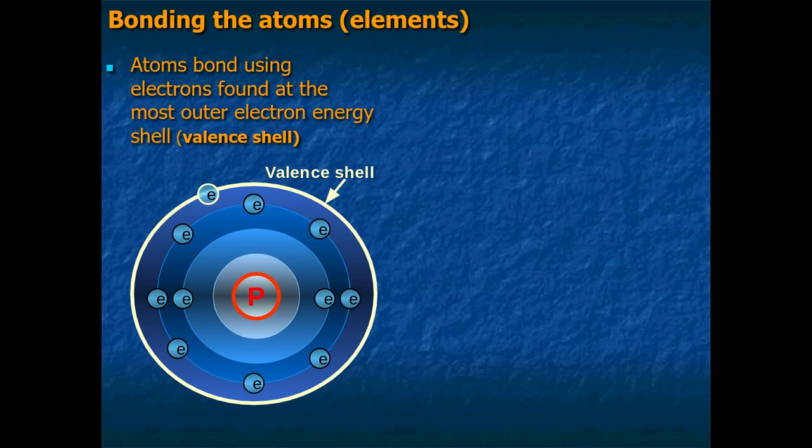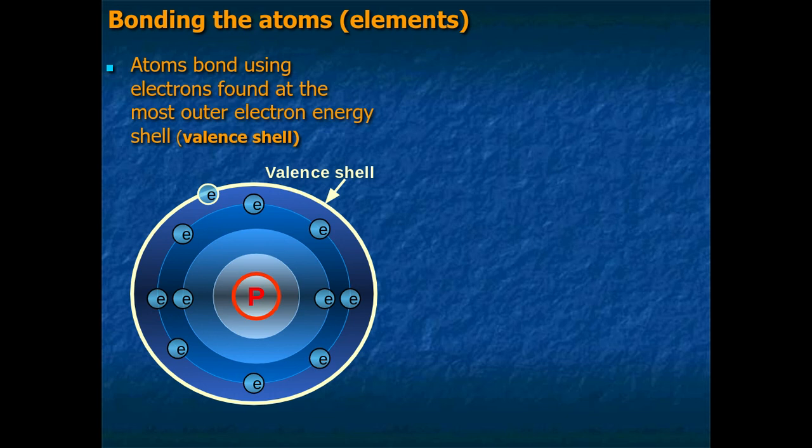And so this is where atoms combine with one another. All chemical reactions, or atoms bonding, use the electrons found on the most outer shell of the atom, and this is known as the valence shell. So all chemical reactions take place along the valence shell.